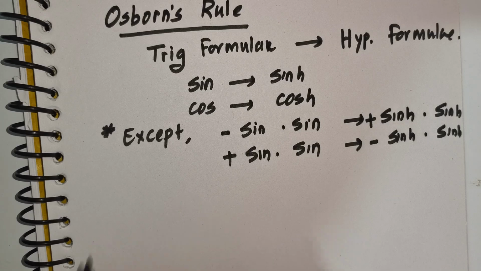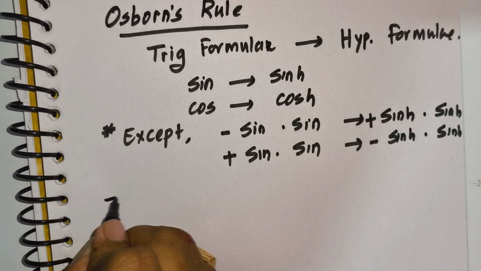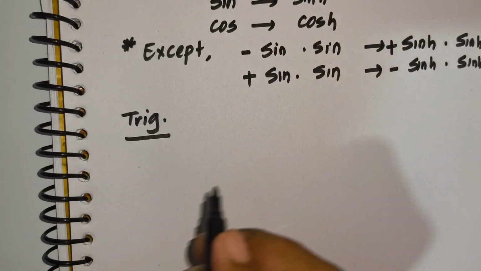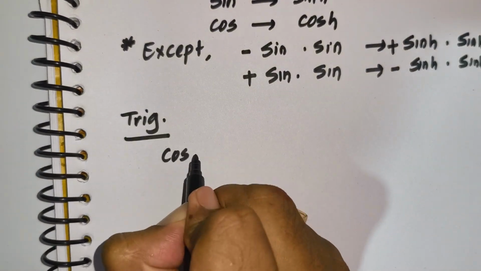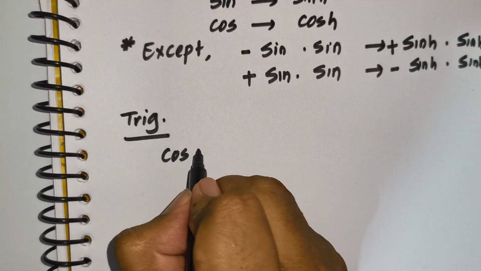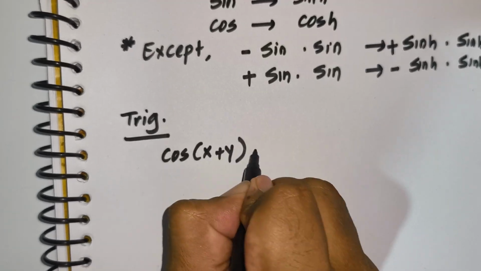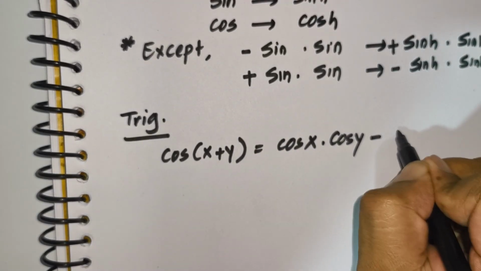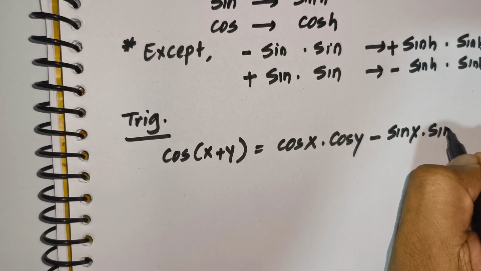Let us apply this one. Suppose in trigonometry, in trig, we have cosine x plus y is cos x times cos y minus sin x sin y.